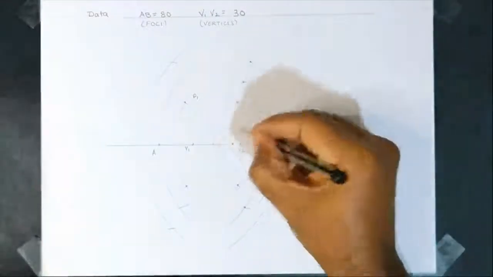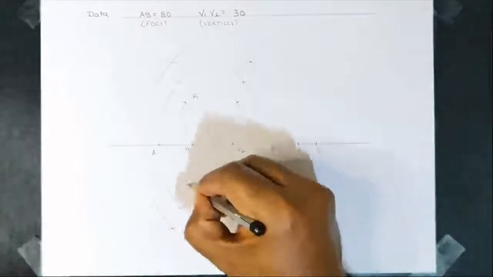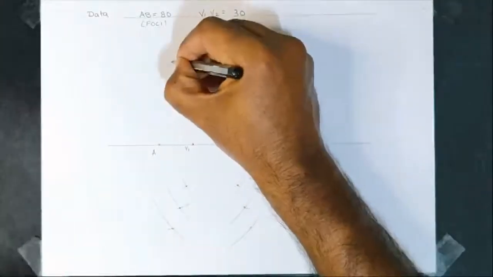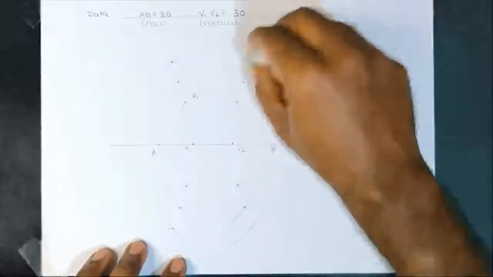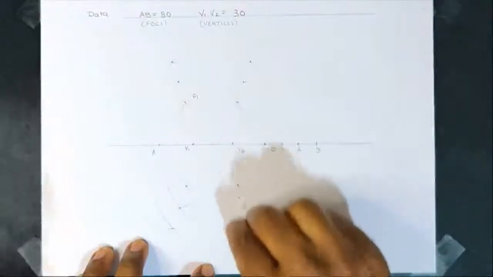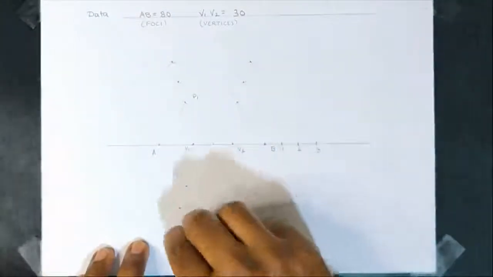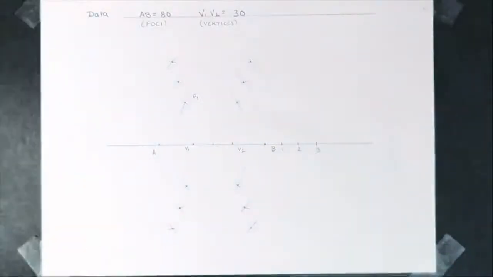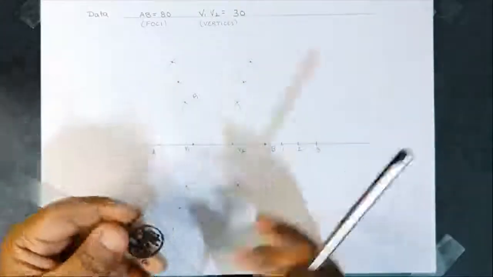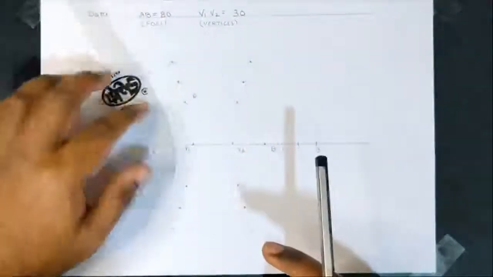Now I've got 3 points on either side for each branch of the hyperbola, and I erase the unnecessary arcs. For points corresponding to 1, I'll name them P1. Points corresponding to random points 2 and 3, I'll name P2 and P3 respectively.